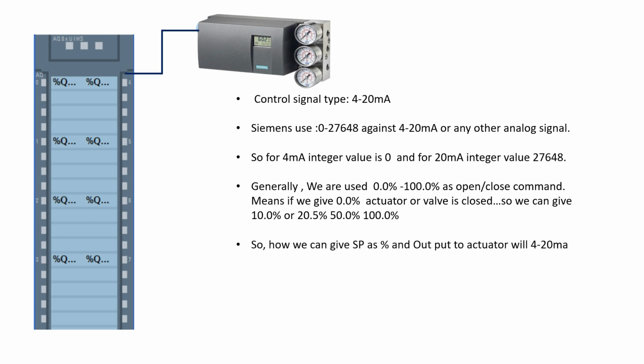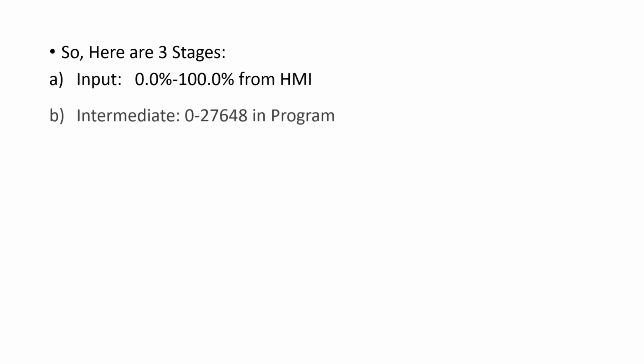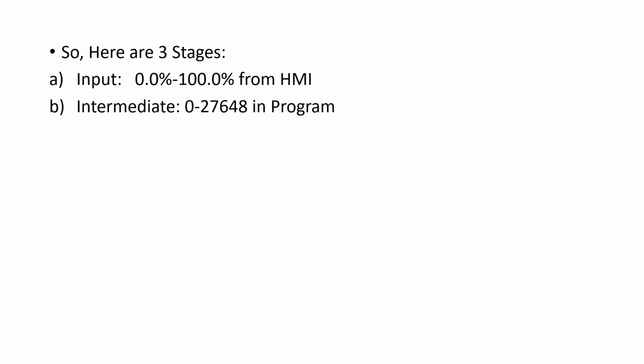Our set point, as I told, is a percentage here, and it is done in 3 steps: we give the set point from the HMI as 0 to 100%, the intermediate stage converts that 0 to 100% to an integer like this, and that integer value is sent to the analog output channel, which gives an analog output control signal of 4 to 20 milliamps.